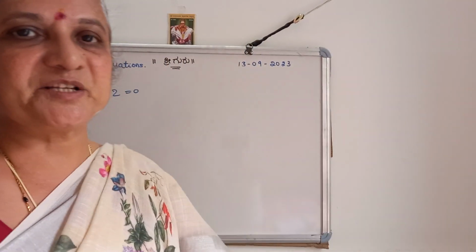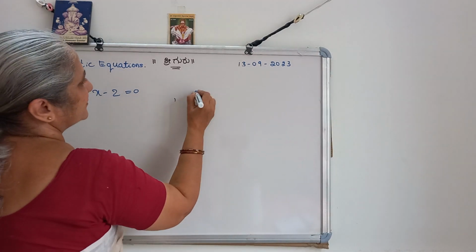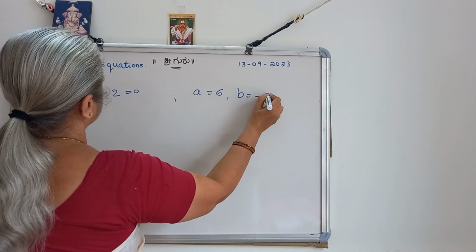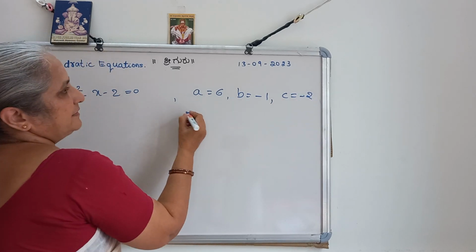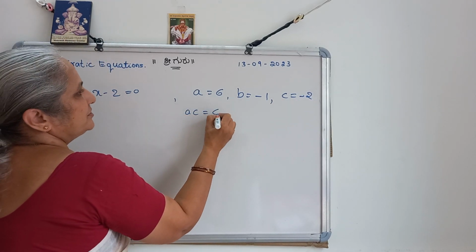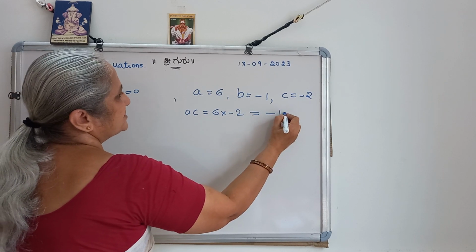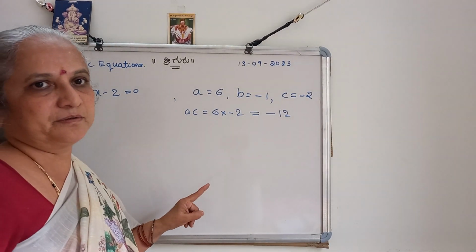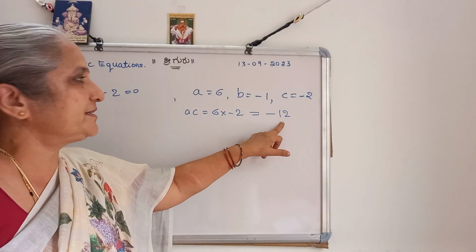Ax square plus bx plus c is equal to 0. a is equal to 6, b is equal to minus 1, c is equal to minus 2. ac is equal to 6 into minus 2. This is equal to minus 12. We want to find p comma q, factors of this minus 12, so that if you add them, you should get minus 1.